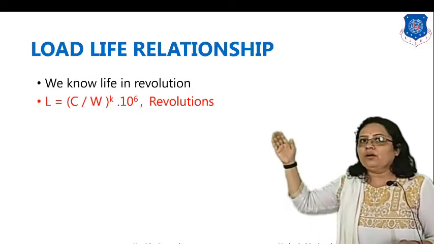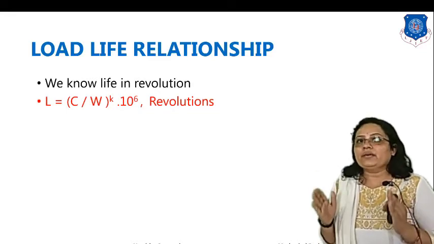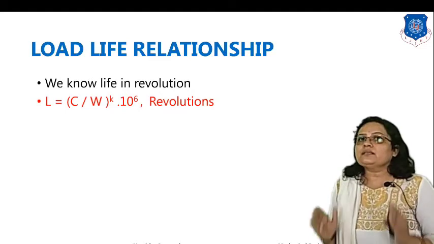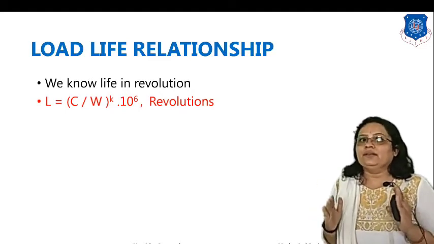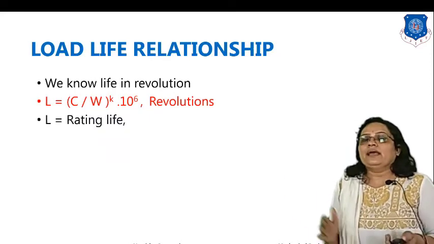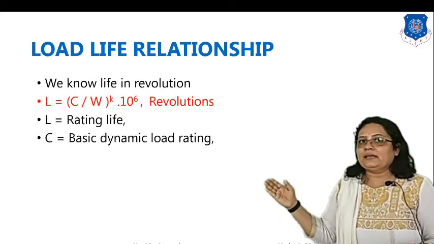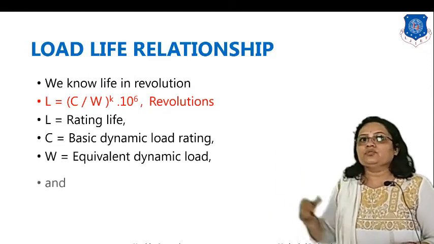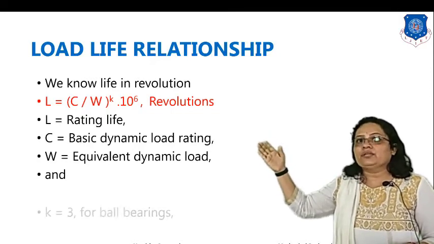So we will just put in all values, then we will find out the life of the bearing, or you can say the rating life of the bearing, which corresponds to 90% reliability. Okay, so L is equal to rating life, C is equal to basic dynamic load, W is equal to equivalent dynamic load. Okay, so we will put all values. C is already given as 53,000 newtons.